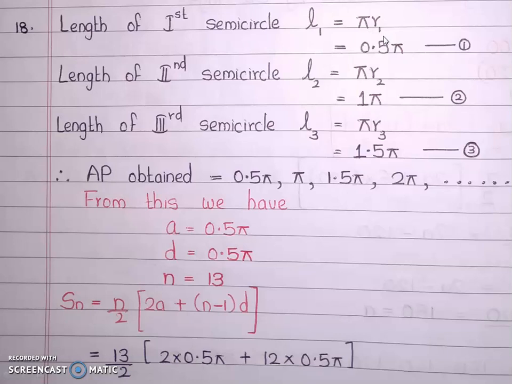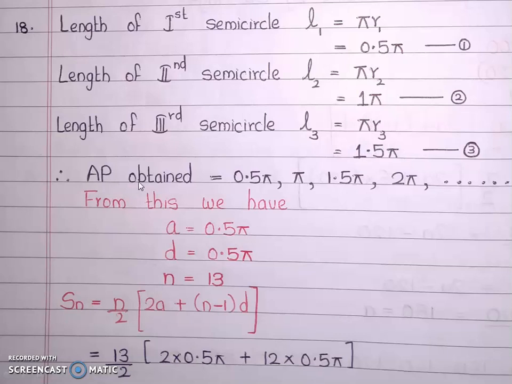What is first radius? It is given as 0.5. Now don't give the value of pi. Length of second semicircle is pi r2. What is r2? It's 1. So then third length is 1.5 pi.